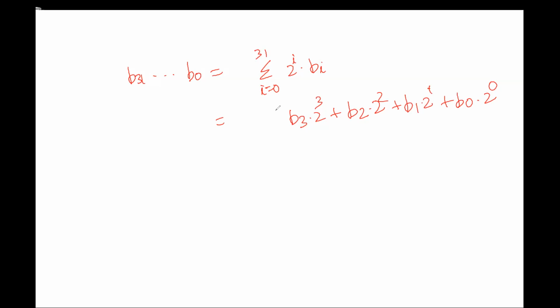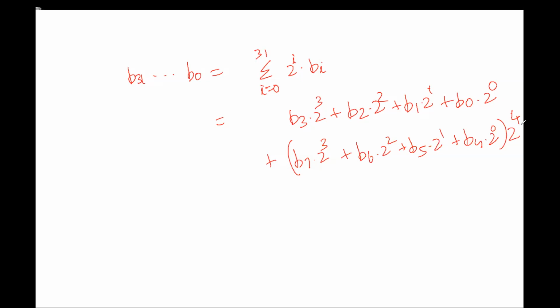In this summation, these are the first 4 terms. The next 4 terms I will also write like this: B7 into 2 cube, B6 into 2 square, B5 into 2 power 1, plus B4 into 2 power 0, all into 2 power 4.